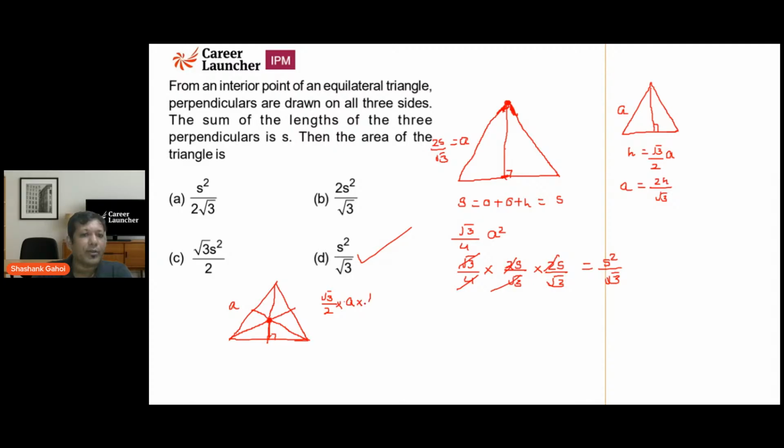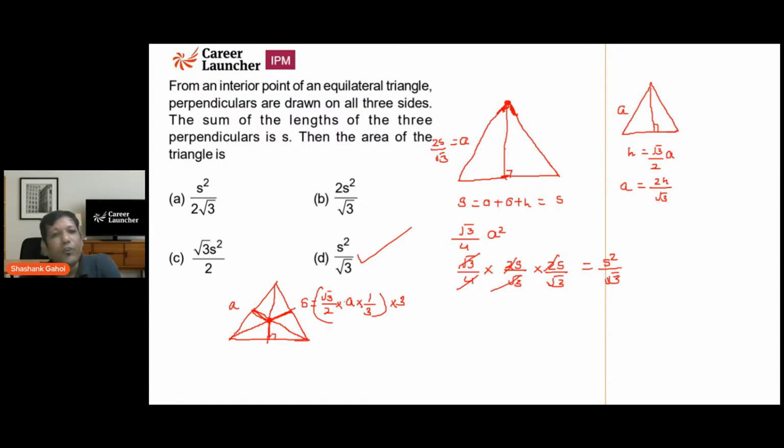That is 1/3 of it, right? And what is the length of this perpendicular? That is 1/3. What is the length of this perpendicular? That is 1/3. So s comes out to be what? h into 3. So again you are going to get the same value. You are still going to get the same answer.